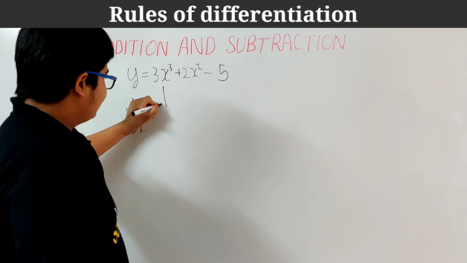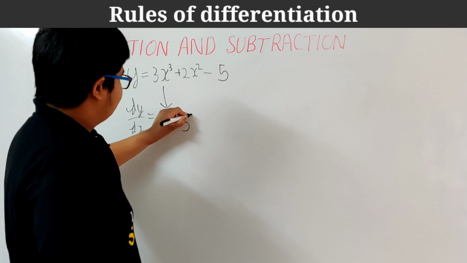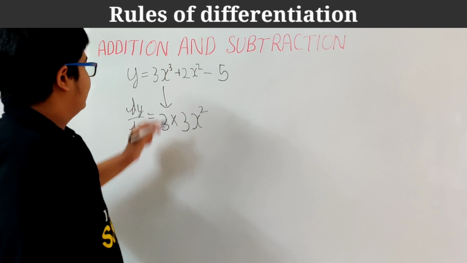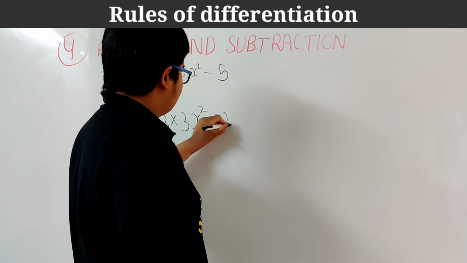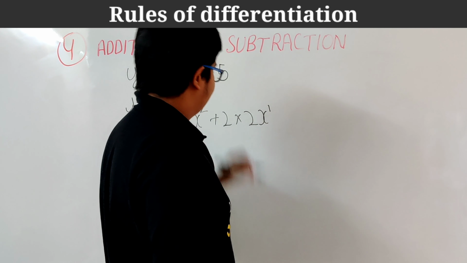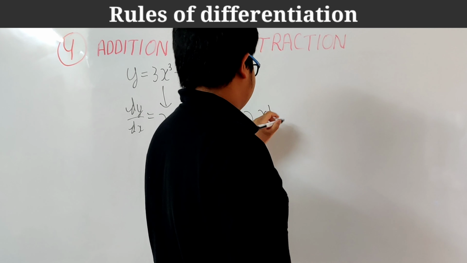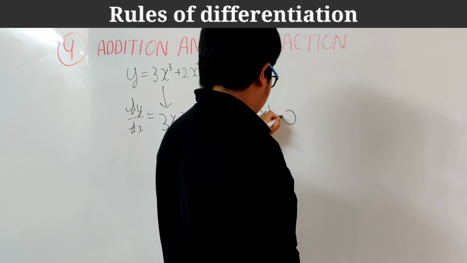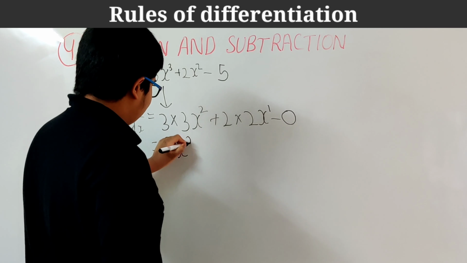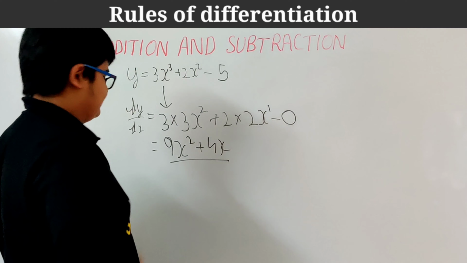So differentiation of 3x cube will be 3 into, as n is 3, this 3 will come forward, x square, plus 2 into, as n is equal to 2, this will come forward, 1, minus, differentiation of a constant is 0, so minus 0. Now we just have to solve this. So this will become 9x square plus 4x. So this will be our answer.